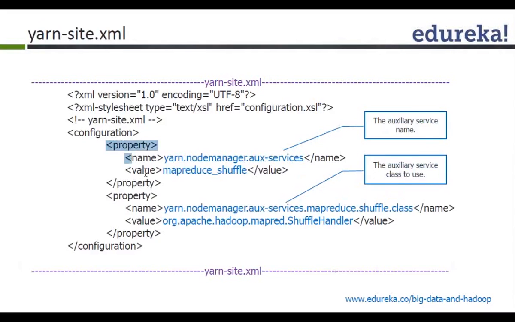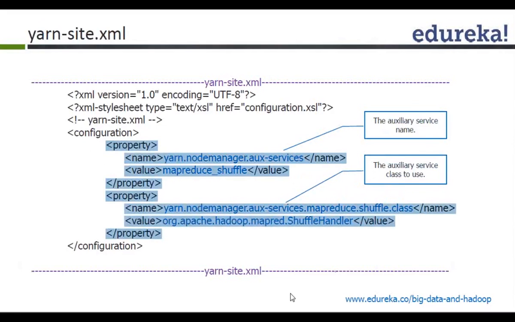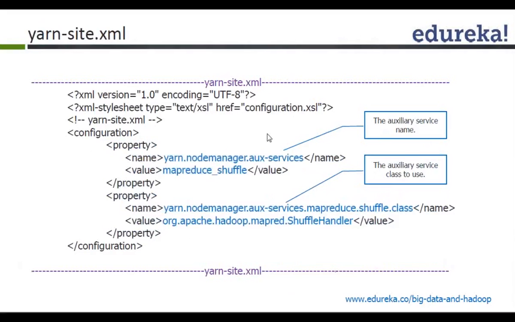These are the two properties that we will have to keep. It exactly has to be this because you don't have any other auxiliary services right now, but going ahead you might have multiple auxiliary services. As of now, we have got only one. So you'll have to give the value as mapreduce shuffle and the name of the Java class which actually does the shuffling part of it.